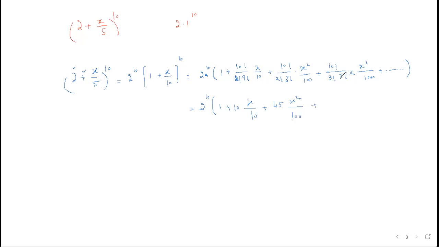Then plus, this is going to be 8 times 9 times 10 divided by 3 factorial; the 8, 9 and 3 will cancel, and we will have 240 x cube divided by 1000 plus higher order terms. So this will be 240, because 8 times 9 times 10 divided by 3 factorial, with the 3 cancelling, gives 8 times 3 is 24, and 240, isn't it?